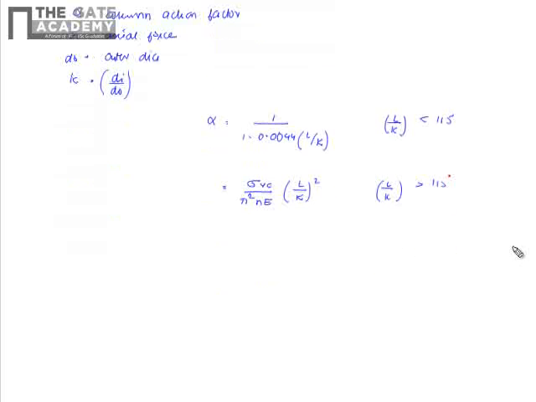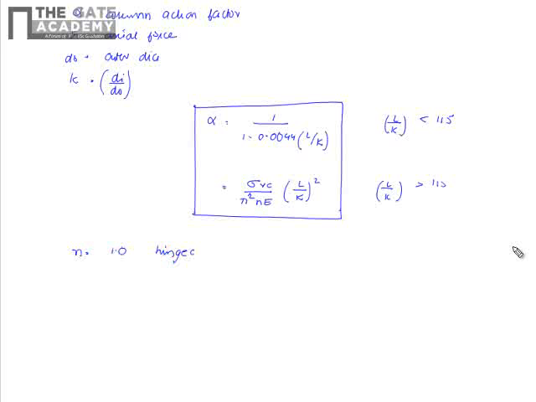And in this above equation, the value of n is equal to 1.0 for hinged end, it's equal to 2.25 for fixed end, and 1.6 for ends partially constrained.